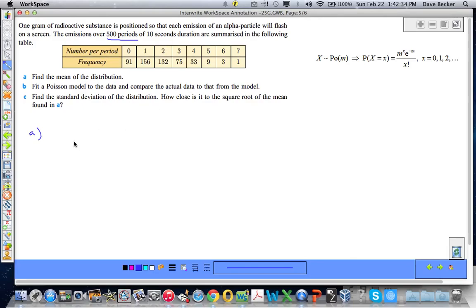So to find the mean of the distribution, hopefully we know how to do that.